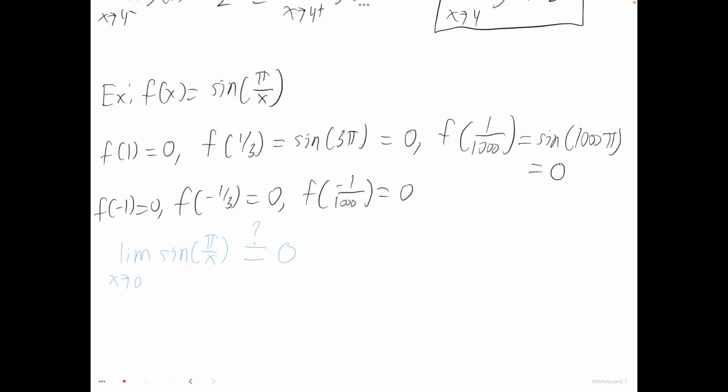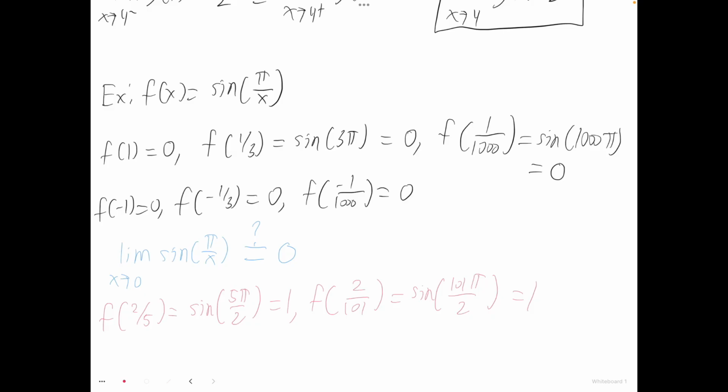Instead of picking the values we were, what if we picked f of 2/5? Well, this would be sine of 5 pi over 2, and sine of 5 pi over 2 is 1. And then we could also look at f of 2 over 101, which would be sine of 101 pi over 2, which is also 1.